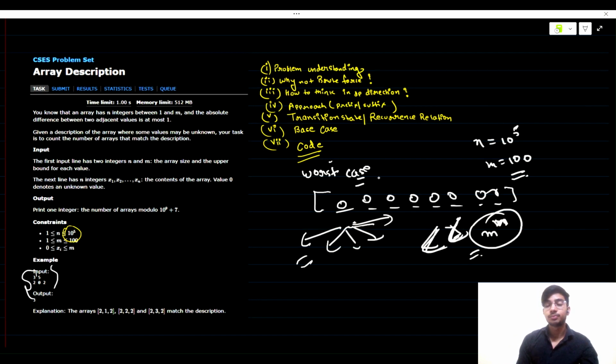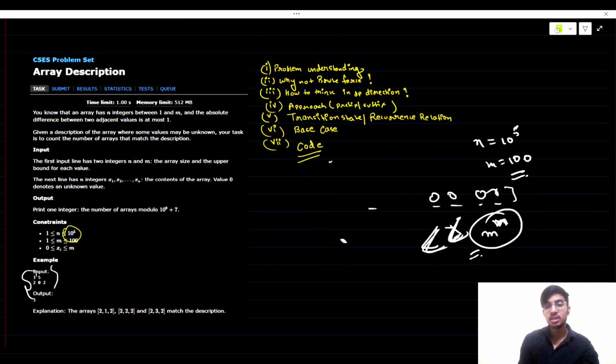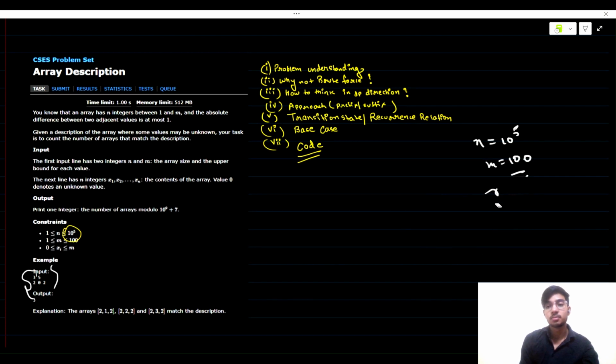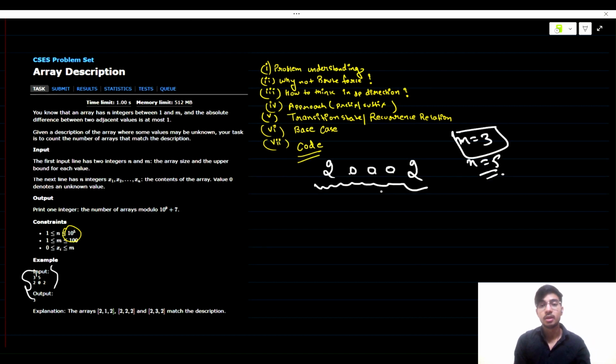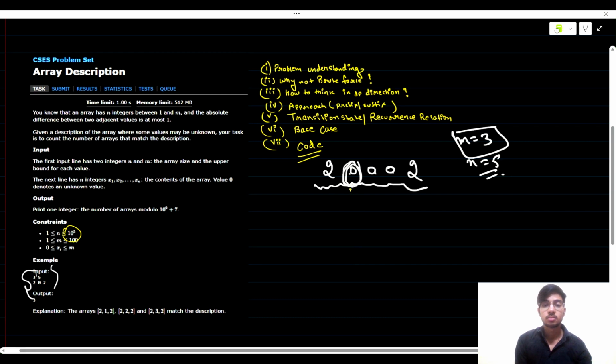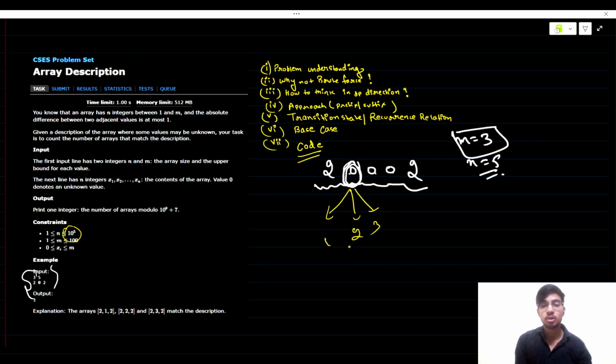Now what we can do is find whether there is any subproblem. Yes, there is. Let me show you. Suppose this is the example, where m value is 3 and n value is 5. Now suppose you have to fill this position; you have three options, the value can be from 1 to 3.